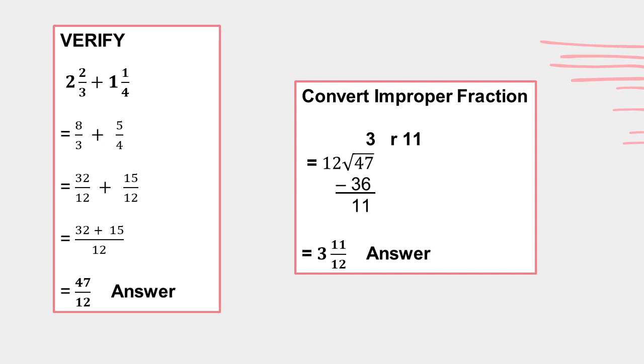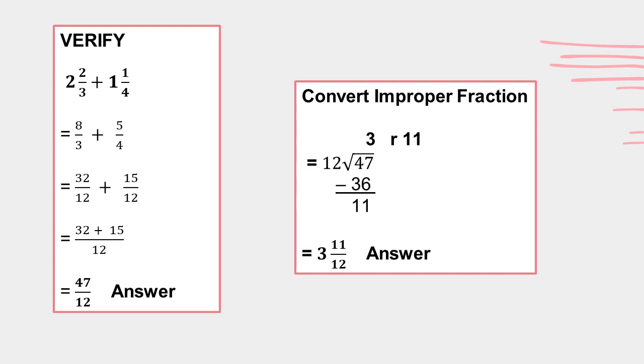So, for 2 and 2/3, we have 3 times 2 is 6, plus 2 is 8, over 3. For 1 and 1/4, we have 4 times 1 is 4, plus 1 is 5, over po natin sa 4, and then, tsaka natin sila i-add.